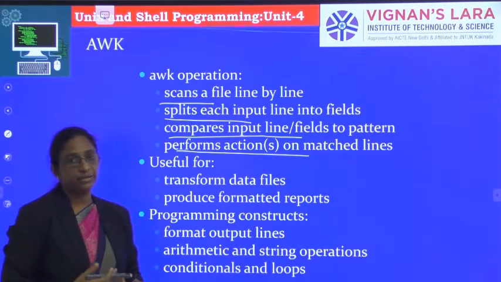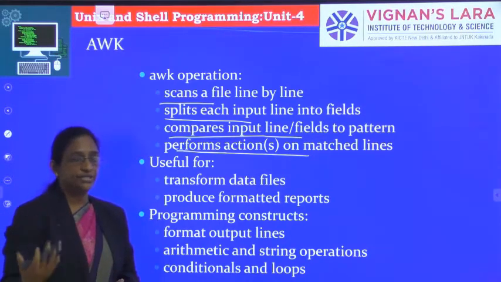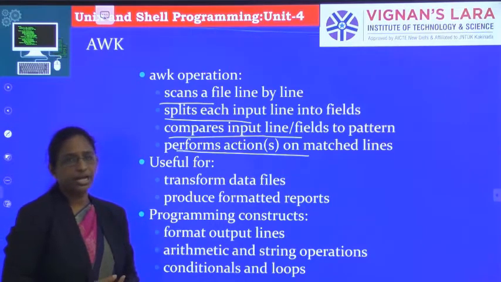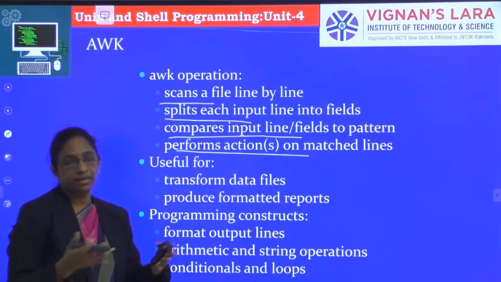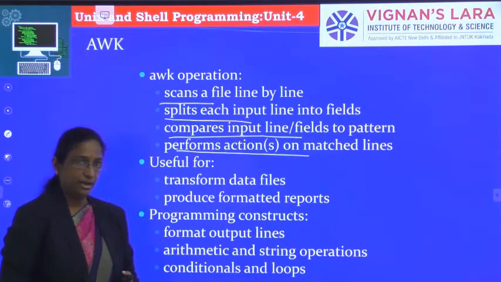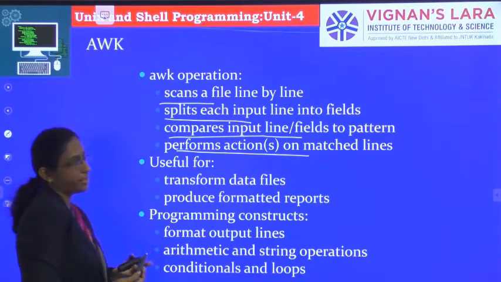Action in the sense that you can give the print action. When you say print, the output will be printed. If you want to do some multiplication, you can say multiplication. Whatever action you specify will be performed on those matched lines. So those are the operations done by awk.